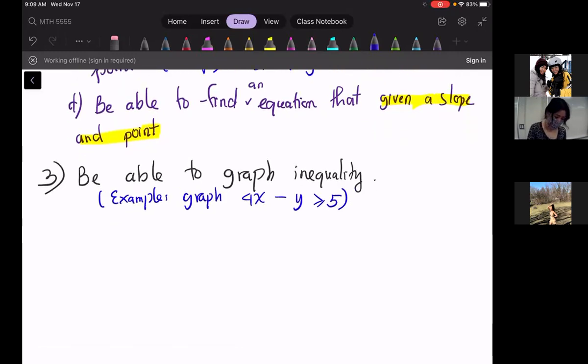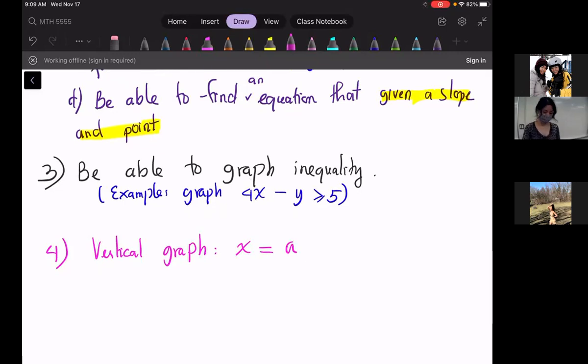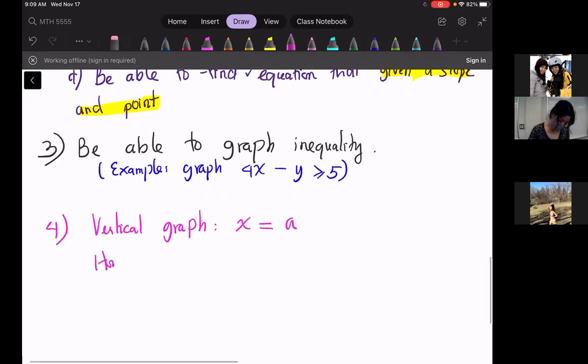The last one, maybe I'll do in pink. Vertical. Someone give me a general equation of a vertical graph. x equals a, right? So a could be anything. Pick your favorite. Good.